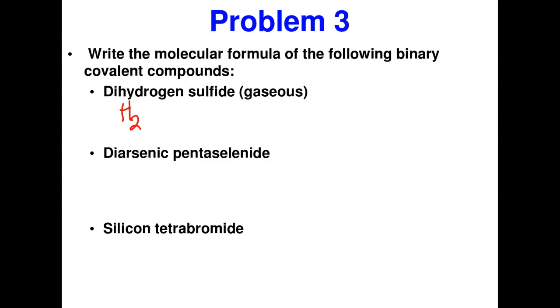In the next one you do, apart from the first element, on the second element you need to put the mono. I would say, okay, this is dihydrogen, supposed to be monosulfide. I think this is my mistake. This is monosulfide. So this is dihydrogen monosulfide.